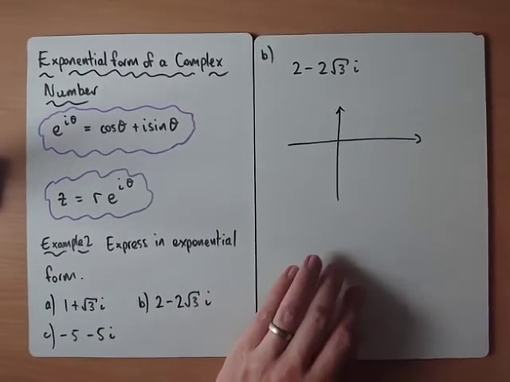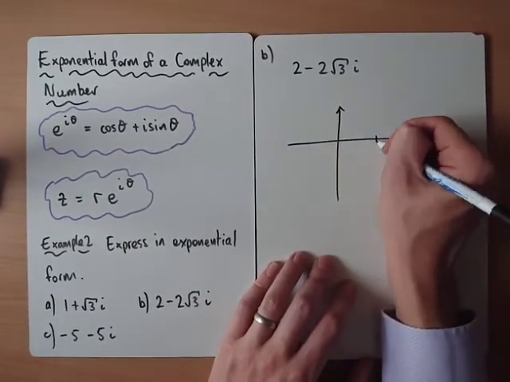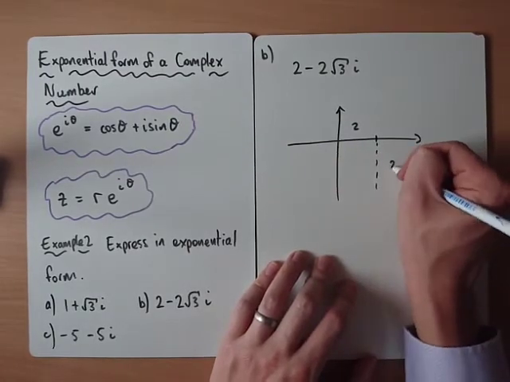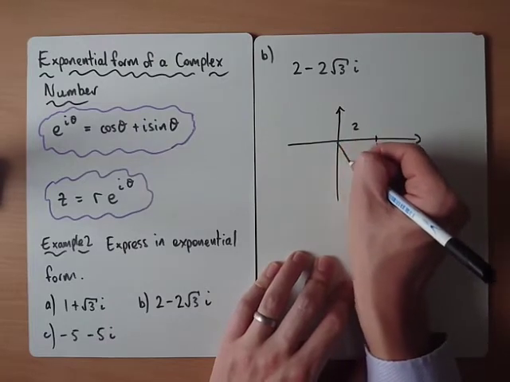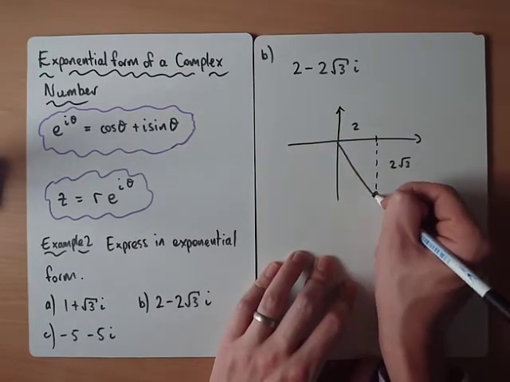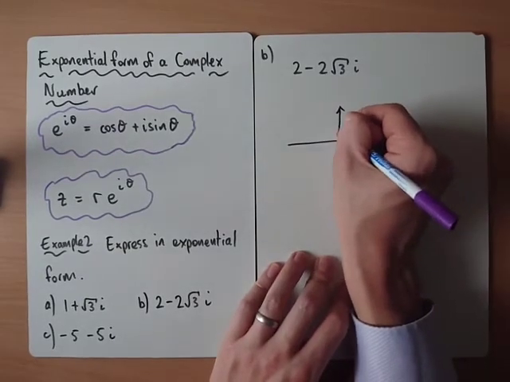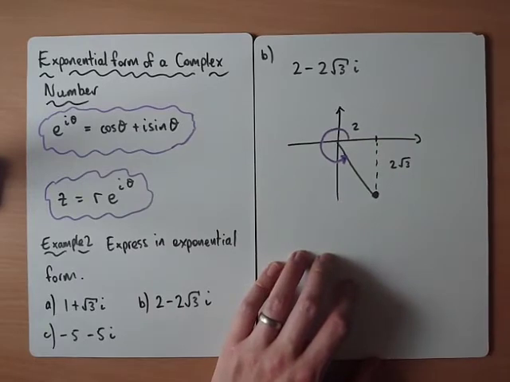Next one is 2 minus 2 root 3i. This is where you'll see the sketch is really important. So with 2 across, 2 root 3 down. The actual argument that we need to use is this, all the way around.